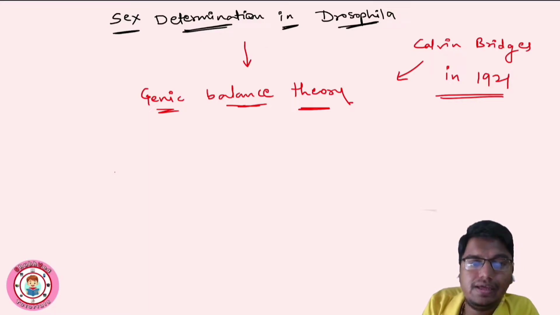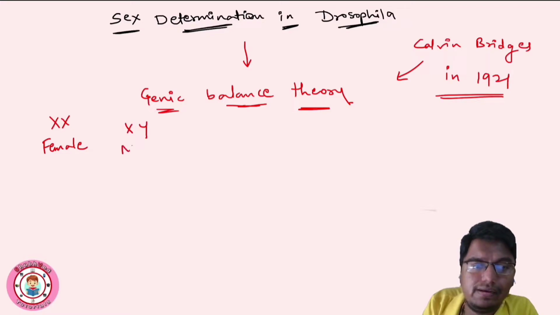So what is this theory? In mammals, basically in humans, we know that XX is female and XY is male. The same is with Drosophila, but here the Y chromosome is different.